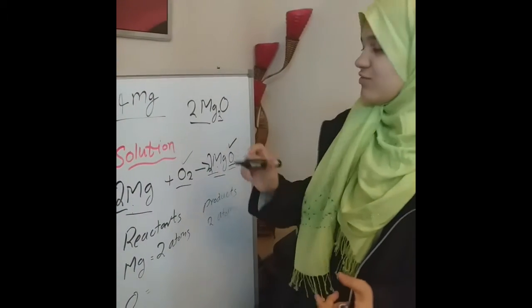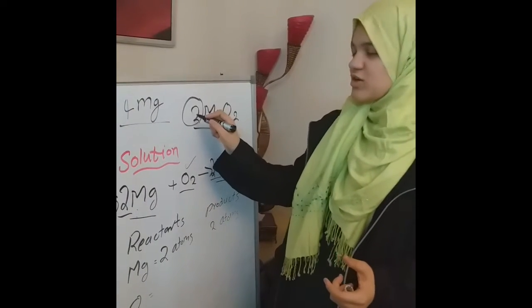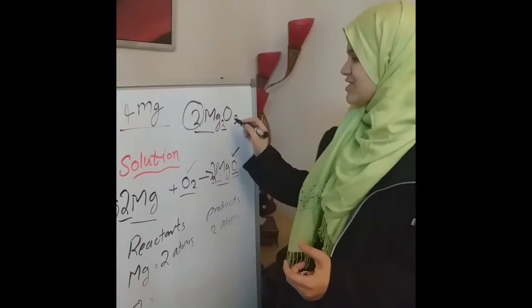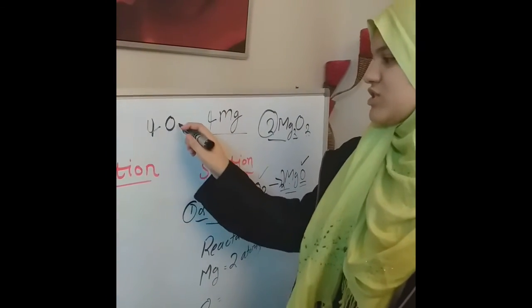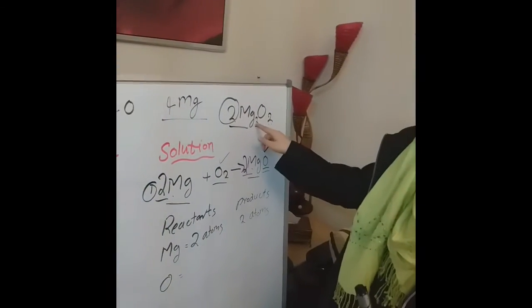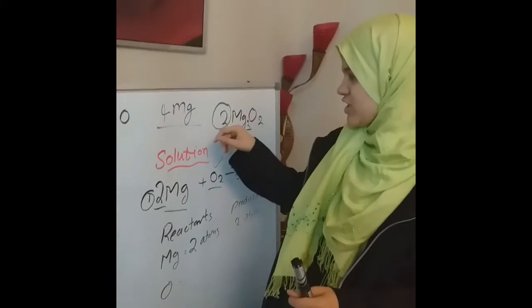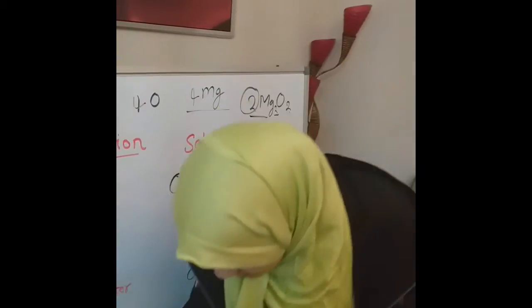But what will happen if we also put a subscript here? We will also multiply the coefficient with the subscript. That means 2 times 2 in oxygen, there will be 4 oxygen. But now this is only to be familiar with the subscript and the coefficient: if there is a subscript, we multiply it with the coefficient.